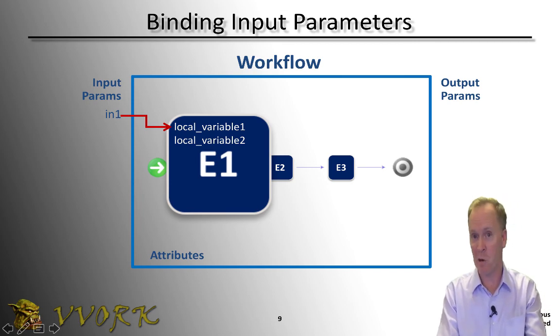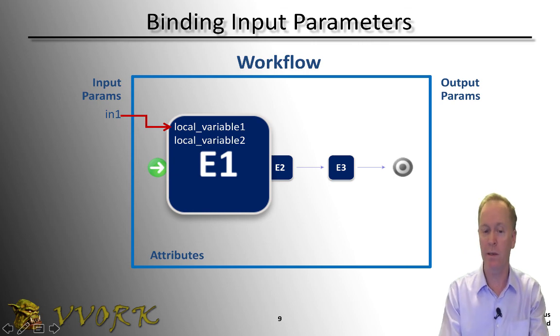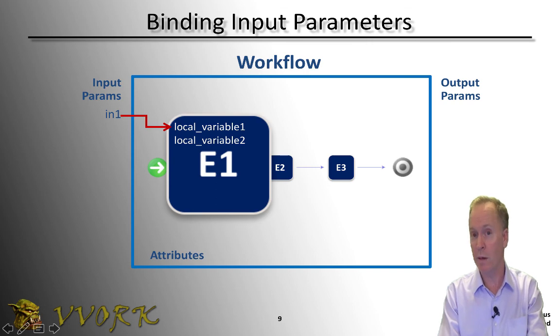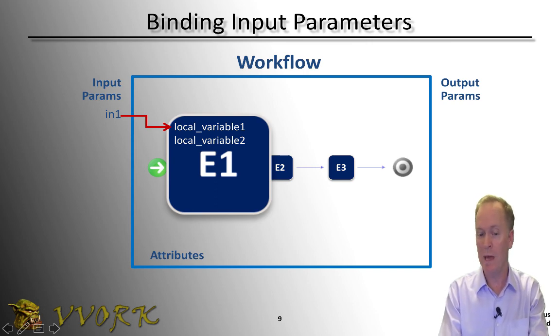So the binding is going into E1. It's an inward binding. And as a result, if we're in schema element 1 and we try to see what's inside local variable 1, what's going to happen is we're actually going to see the value that's in the input parameter called in1. In other words, this variable, local variable 1, which was formerly just a local variable, now allows us to see what's in the workflow variable called in1.